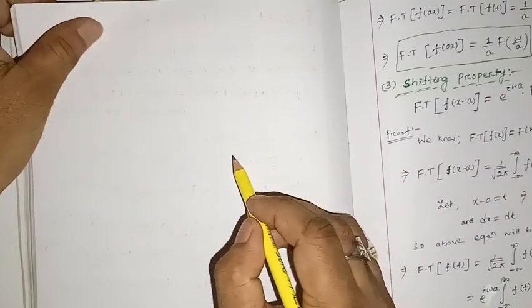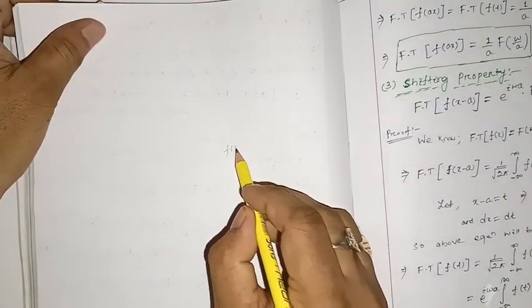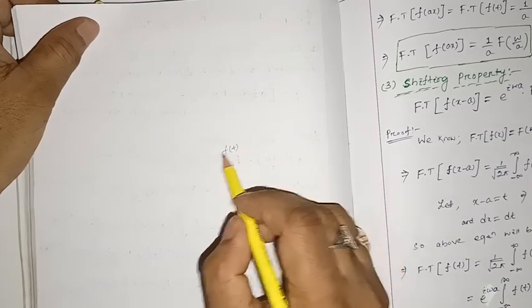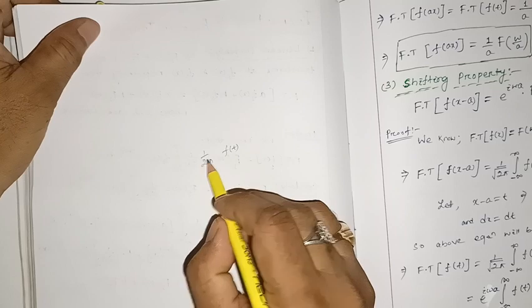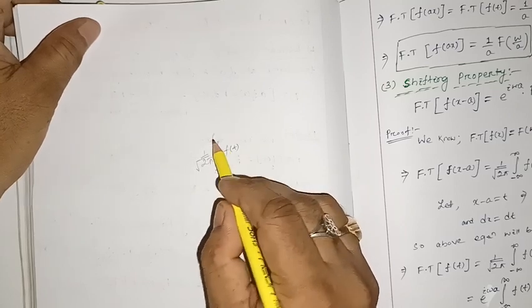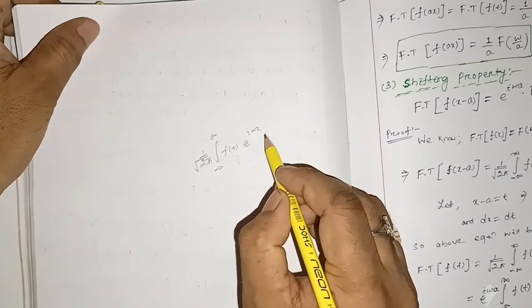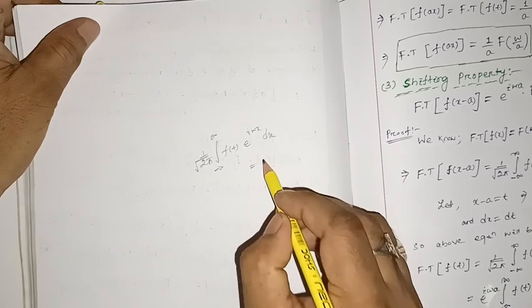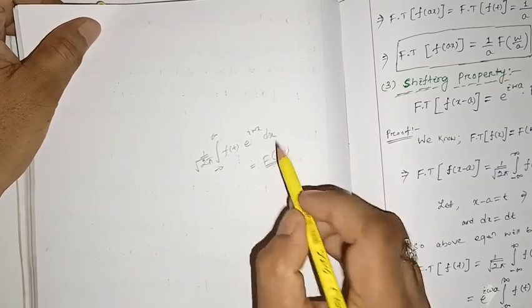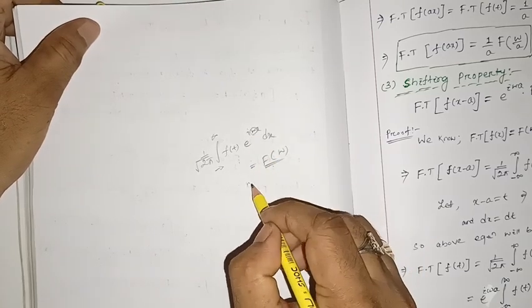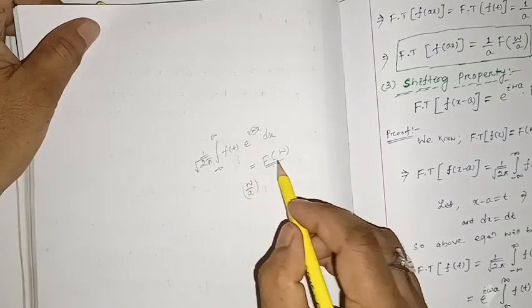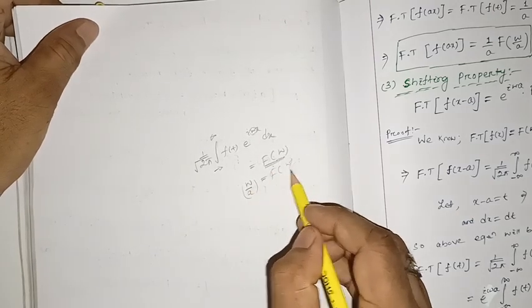Why? Because we know that the Fourier transform of f of t is 1 by root 2 pi, integral of f of x e to the i omega x dx, which is equal to F of omega. So instead of omega, if it is omega by a, it will be written as F of omega by a.